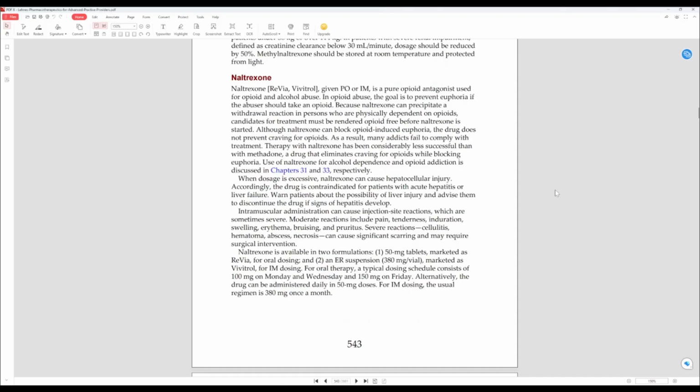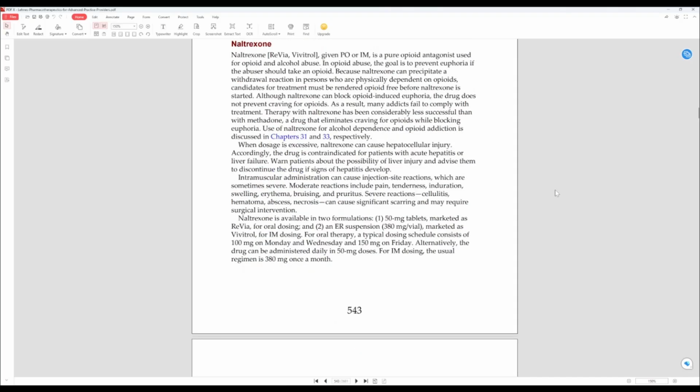Naltrexone, also known as Revia, is given orally or IM as a pure opioid antagonist used for opioid or alcohol abuse. In opioid abuse, the goal is to prevent euphoria should the abuser take an opioid. Because naltrexone can precipitate a withdrawal reaction in a person who is physically dependent on opioids, candidates for treatment must be rendered opioid-free before the medicine is started.